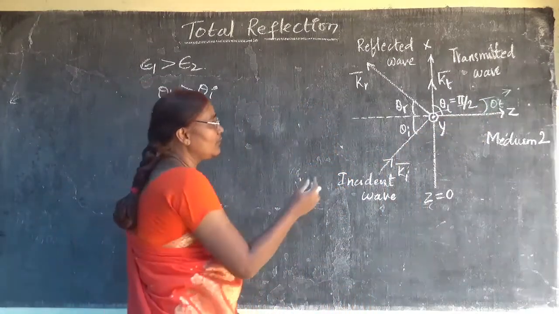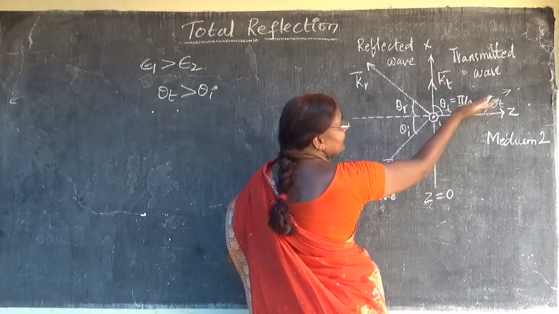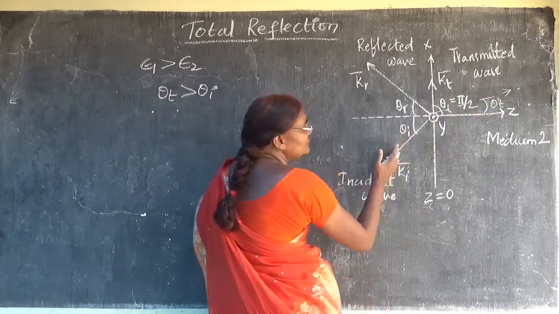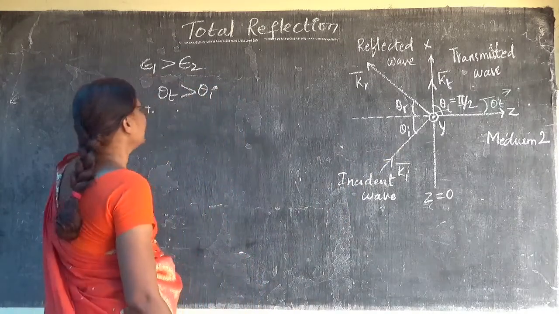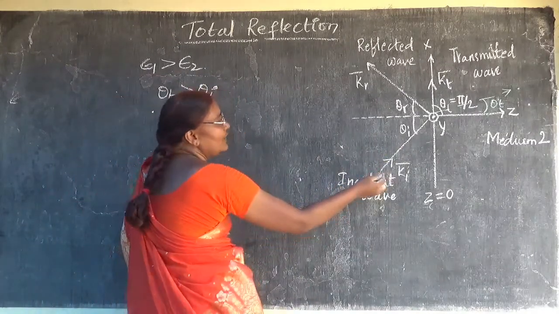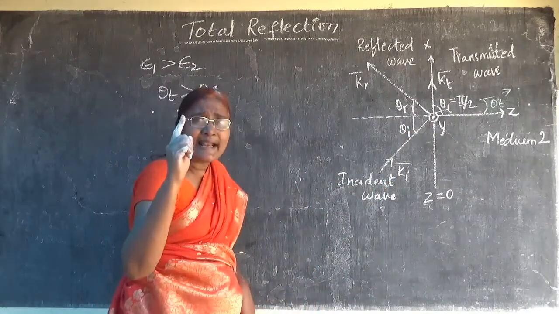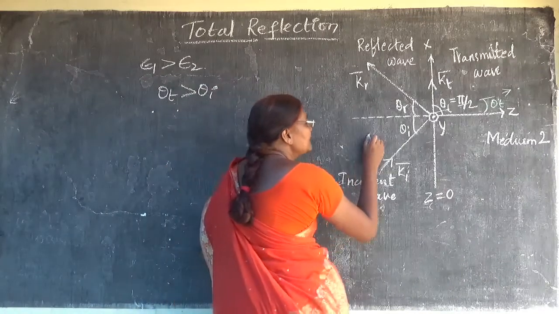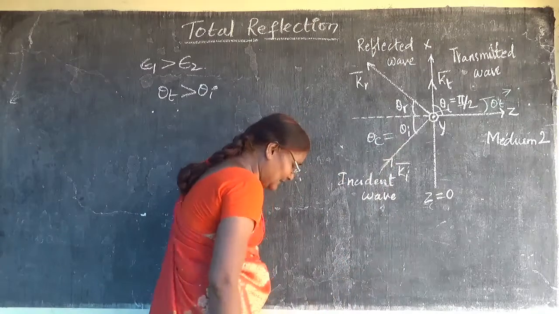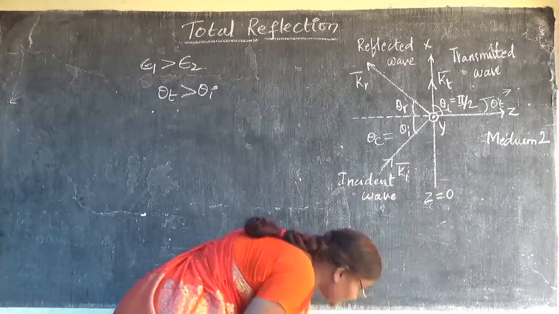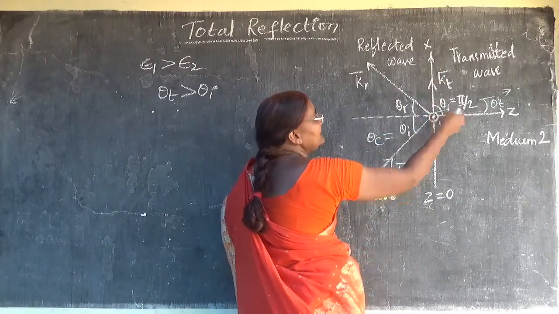If I want more transmitted angle in medium 2, what I have to do is increase theta I, such that one specific angle will occur, which is called theta c. We will have a specific value of theta I which will give theta t as 90 degrees.